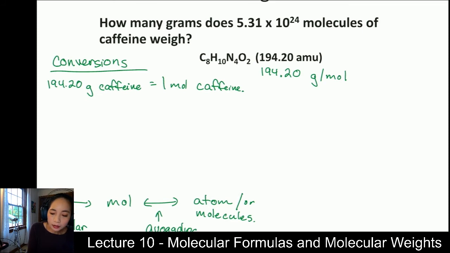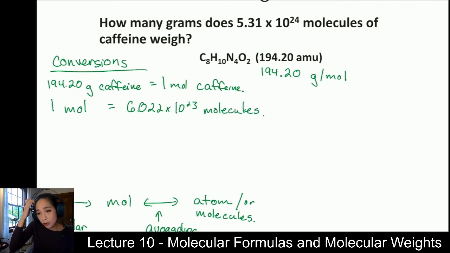I'm rewriting molar mass the same way I rewrote the equalities for molar masses of atoms, but instead of talking about grams of an atom, I'm now talking about the grams of a whole molecule. The other conversion is Avogadro's number: 1 mole of something equals 6.022 times 10 to the 23 molecules or atoms. Because we're talking about molecules, I'm going to use Avogadro's number with the number of molecules.